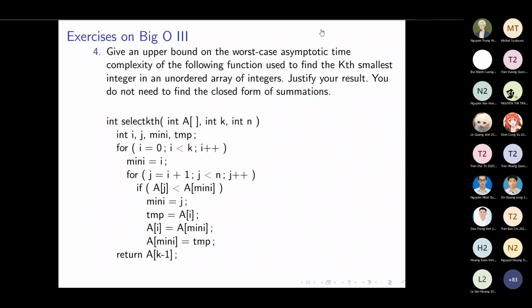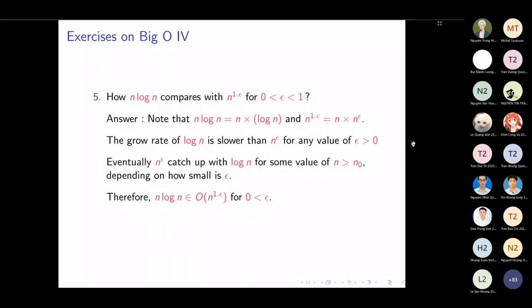No, really? Well, that's fast. So we can move on to exercise 5.